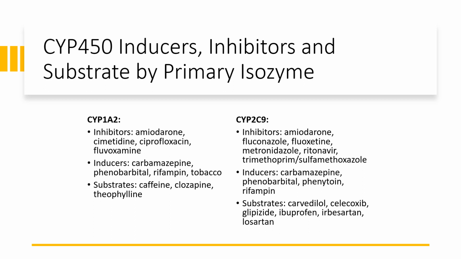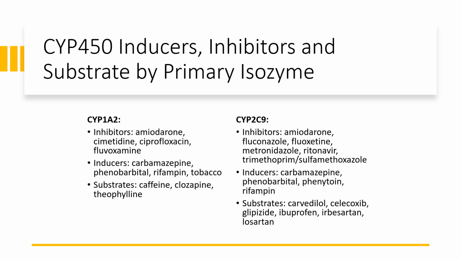Inducers include carbamazepine, phenobarbital, rifampin, tobacco, specifically nicotine, and the substrates, which means the products that would be affected by the induction or the inhibition, would be caffeine, clozapine, and theophylline.